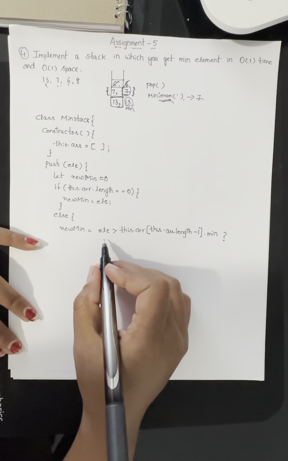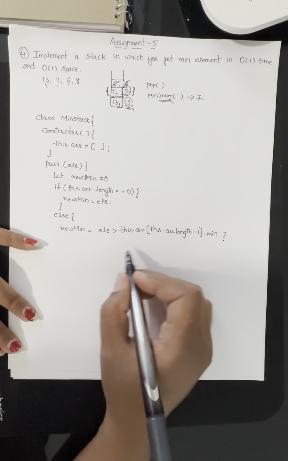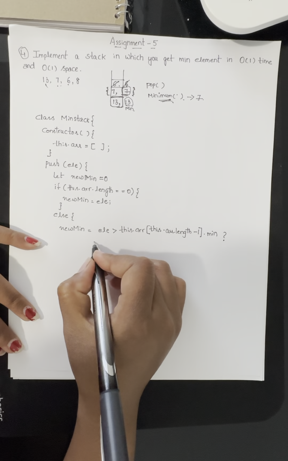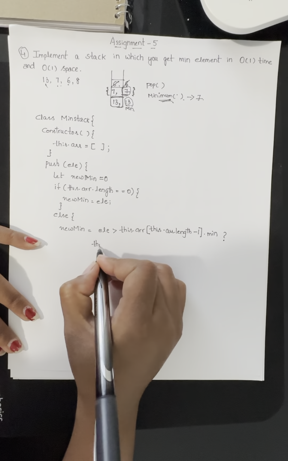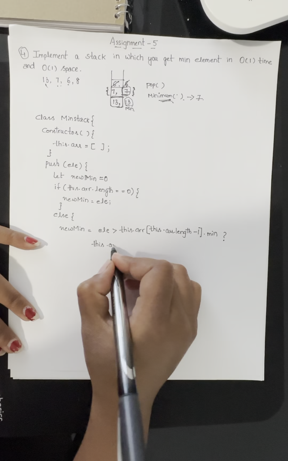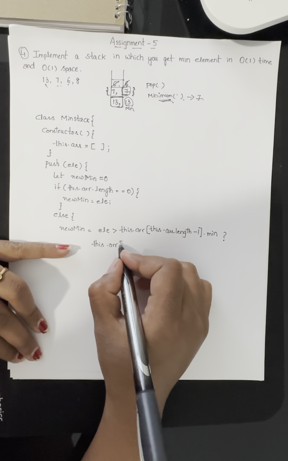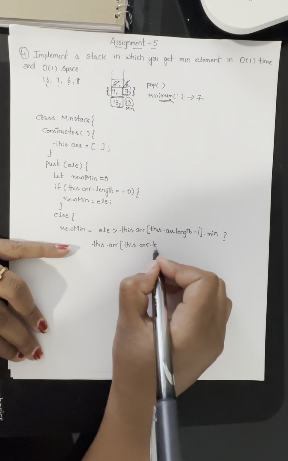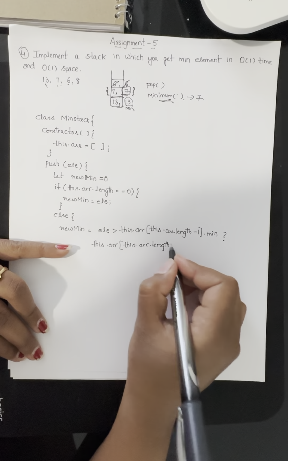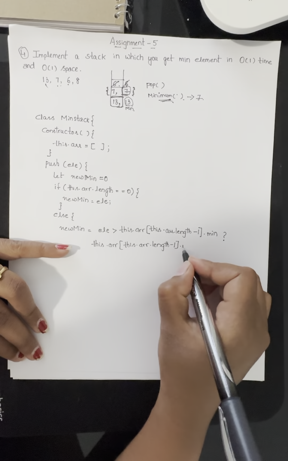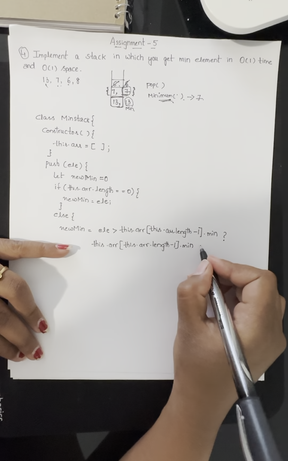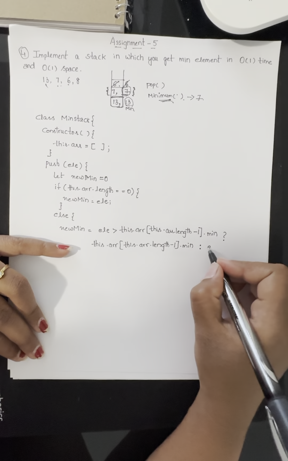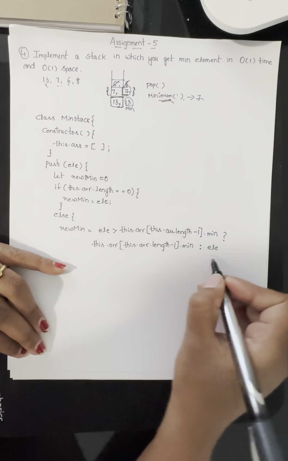So if the element is greater than the previous minimum, then the new minimum will be the previous minimum, this.array[this.array.length - 1].min. Else if the element is lesser than the previous minimum, then we replace the newMin with the element.